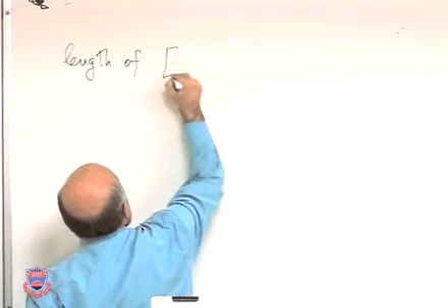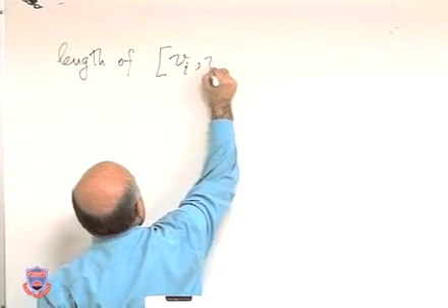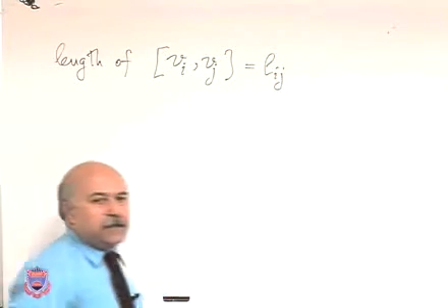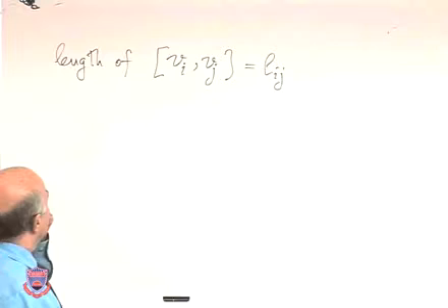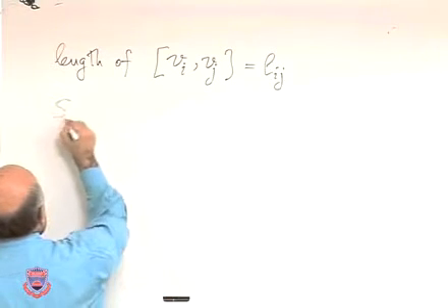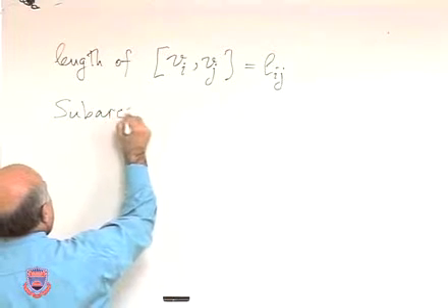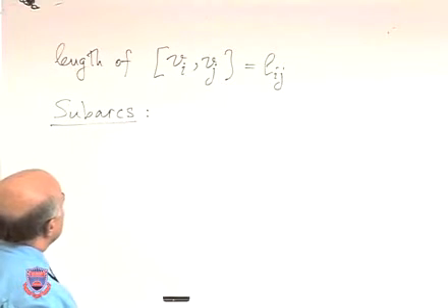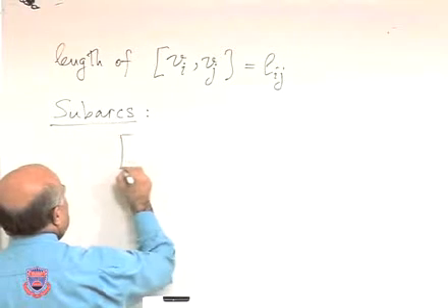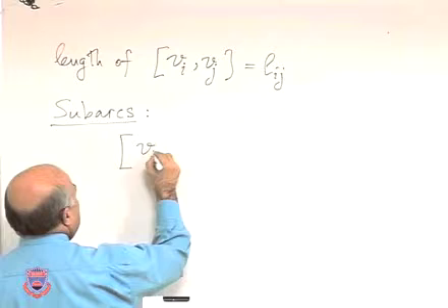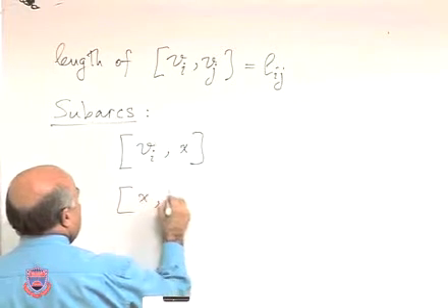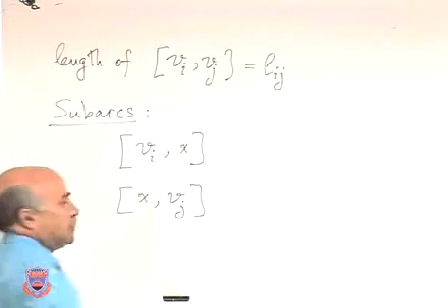Length of the entire arc [Vi, Vj] is simply the number Lij, which is given initially. And I need also some subarcs, which I'm going to define right now. I need subarc [Vi, x] and subarc [x, Vj].